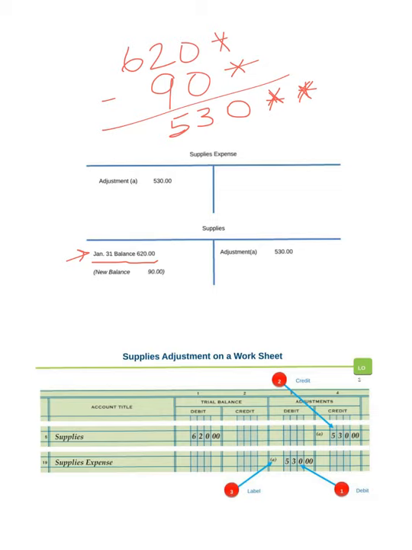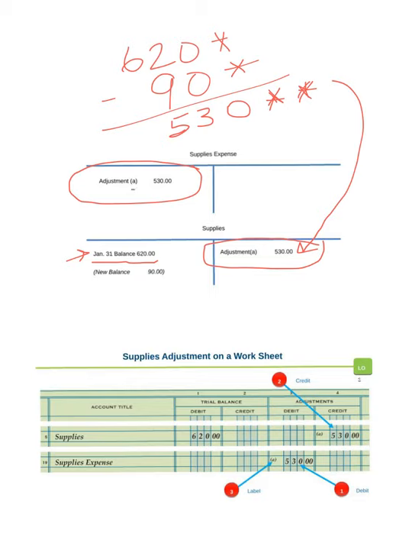To decrease any asset, we credit the account. We're going to credit the account for the $530 that we've already determined. So we'll credit supplies for $530, and we can't just credit something; we have to debit something else. So we'll debit supplies expense for $530.